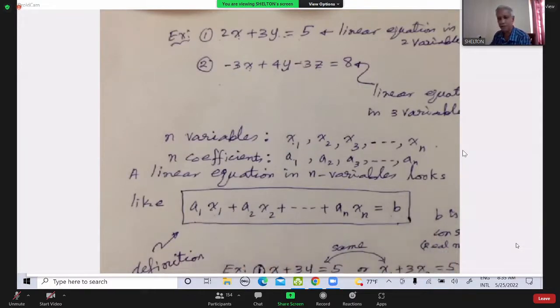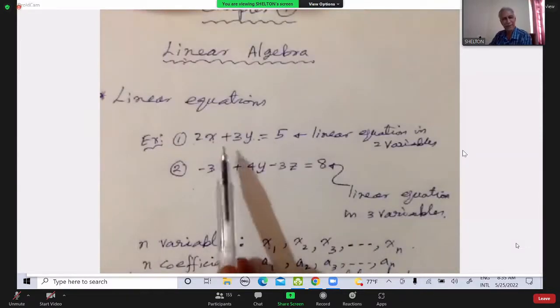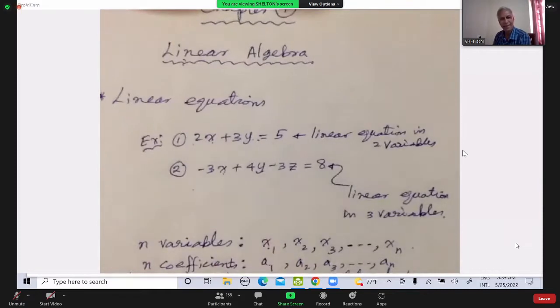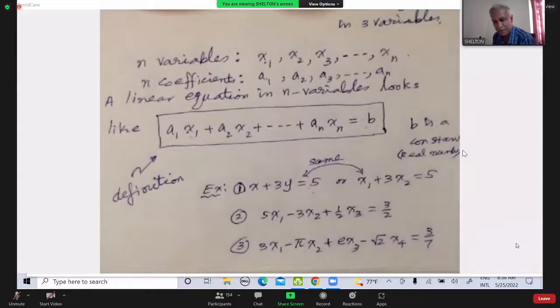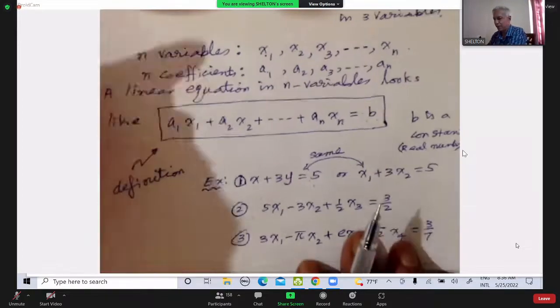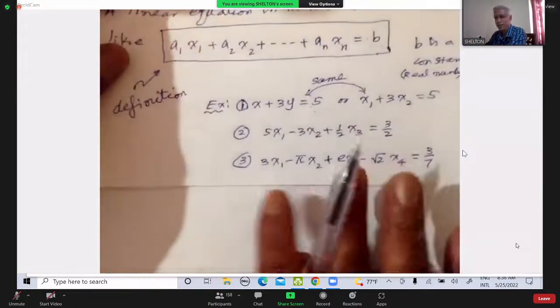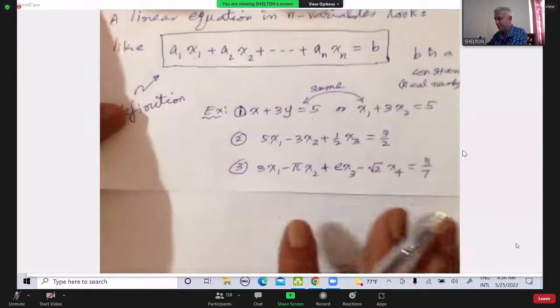Sin x1, no. It has to be most simple, basically like this or this. If it is two variables, it must look like an equation like that, three variables like that. So when you try to understand something, it's not only that we should look at examples, but we should look at non-examples also. Then the concept will sink into your mind more easily.